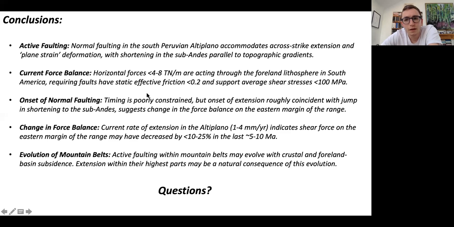Also, a lot of the deformation on the eastern margin of the Andes seems to be reactivating previously active rifts that were trending sub-parallel to the modern range strike. So you'd expect those faults to be roughly well-oriented, i.e. parallel to the modern eastern margin of the mountain belt. That's probably why there isn't a great deal of variability in the strikes of active faults on the eastern margin of the Andes: the faults that pre-exist within the lithosphere are well-oriented for reactivation.